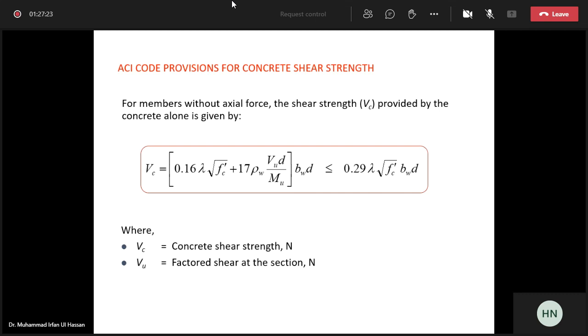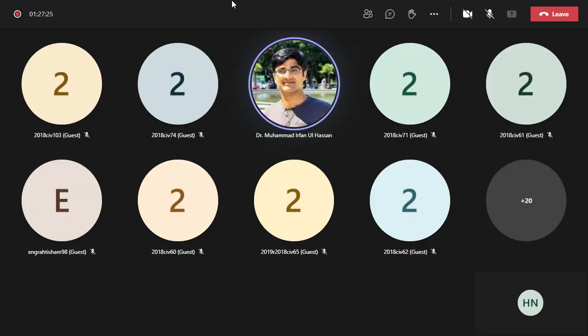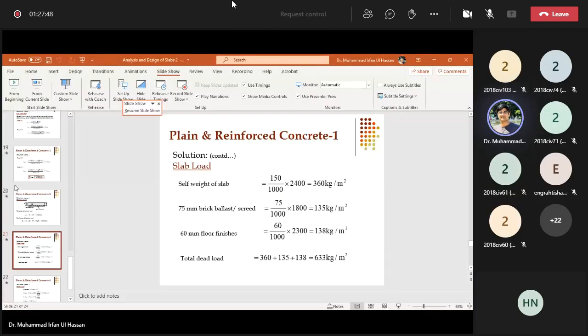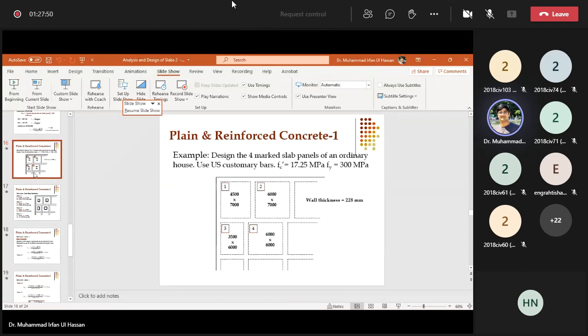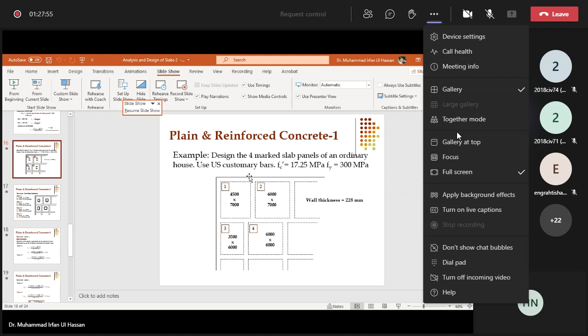The big limitation is that the ACI coefficient is only applied to a system resting on all sides. And if the slab is not resting on any side but resting on columns only, then it is a flat plate.